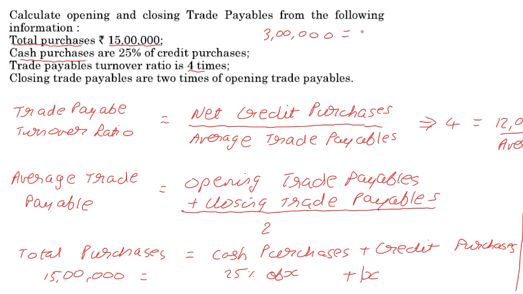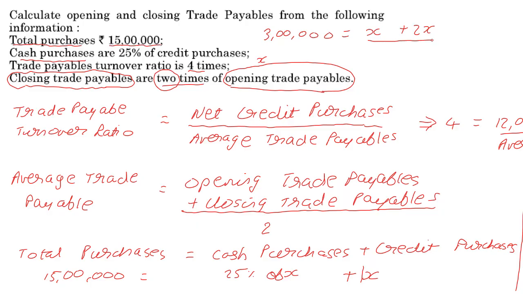Now they have told us that closing trade payables is 2 times opening trade payables. That means if I take opening trade payables as X, then closing trade payables would be 2x. So we've got x plus 2x upon 2.